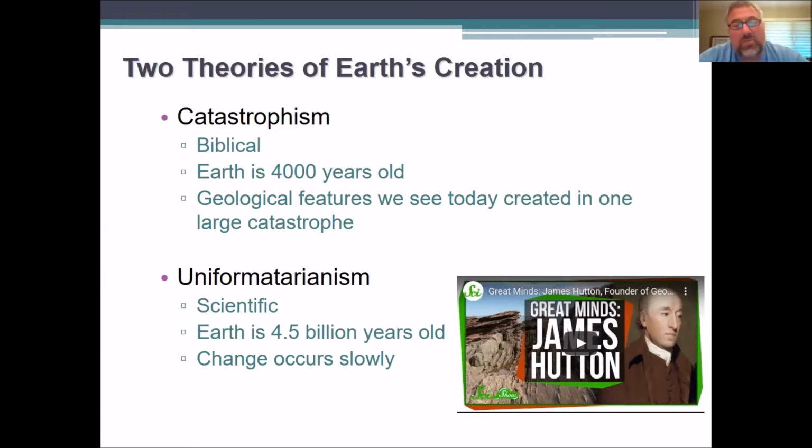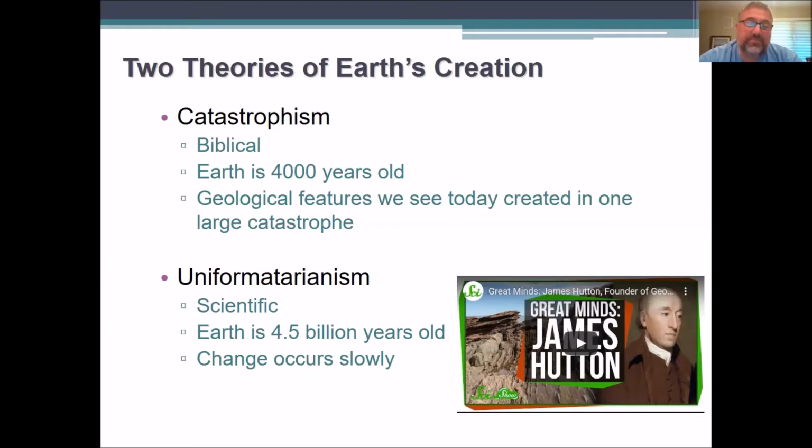And then you have the law of uniformitarianism, the scientific approach that Earth is about 4.5, 4.6 billion years old, and that processes change quite slowly.